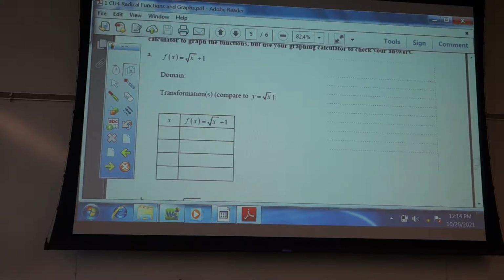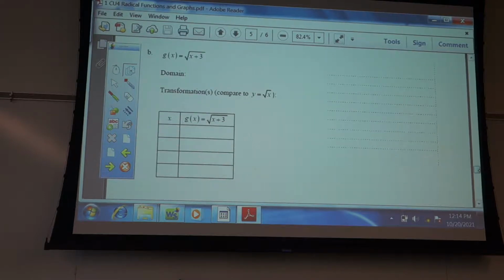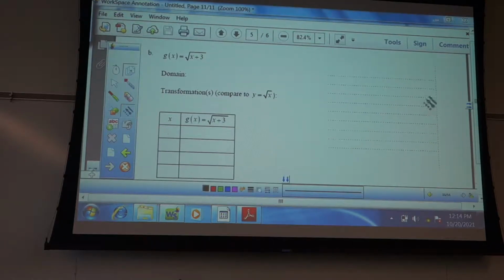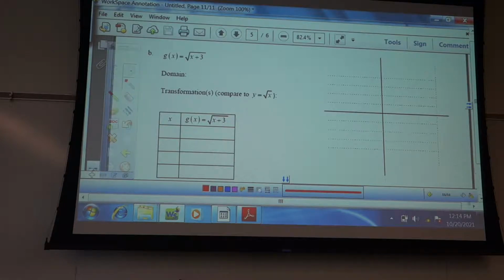Okay, let's see what we got for B. Drawing our lines. Everybody write down how it's been transformed. Here's my function. How has it been transformed?